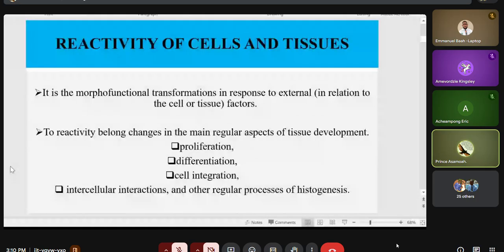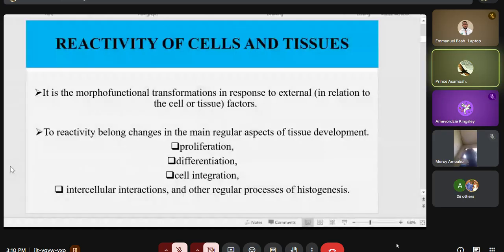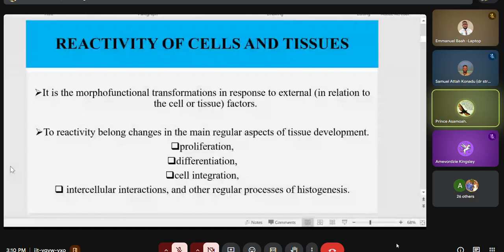For example, when cells react to external factors, this can affect their proliferation or cell division, the rate at which the cells divide.